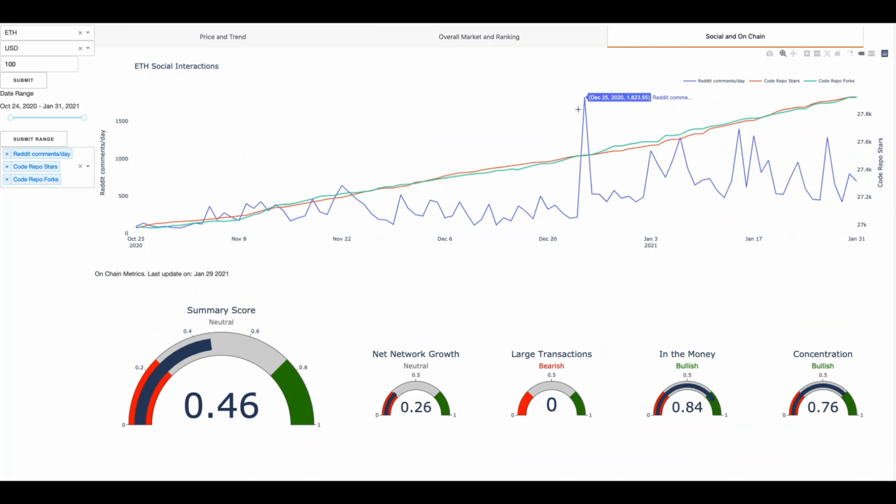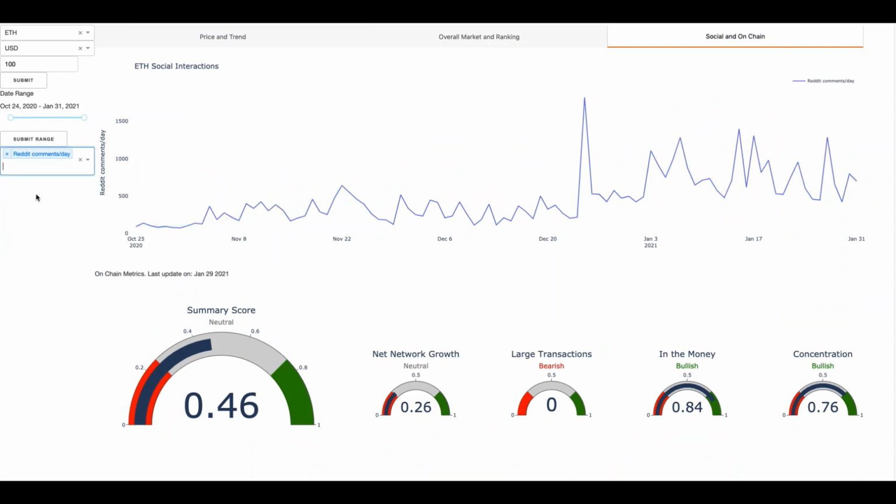And on the third and last step here we have the social interactions chart. This is showing us for certain channels how the interactions are changing, and this can be a good indicator of the price. If it is too hyped, it can be a good time to sell, or vice versa.